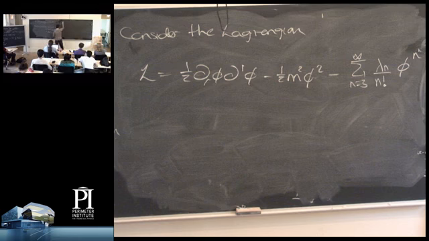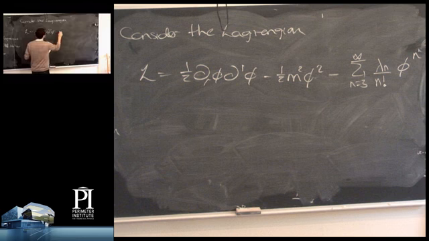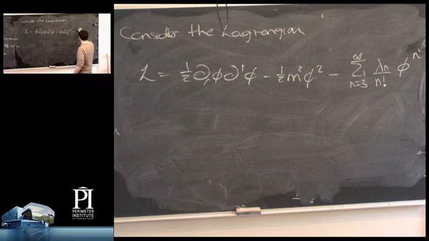Okay, so consider the following. We'll just take a real scalar field, and we'll have the Lagrangian that we've been considering. And now you might think, well, this is kind of scary, because the amount of extra terms I can add to this is an infinite number.